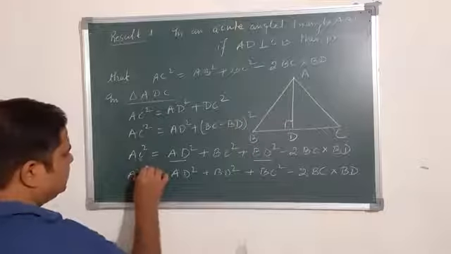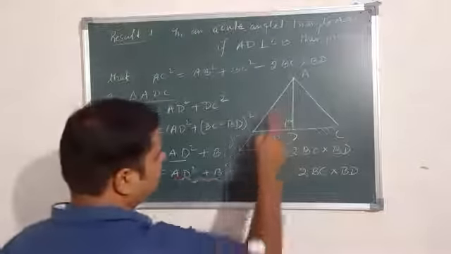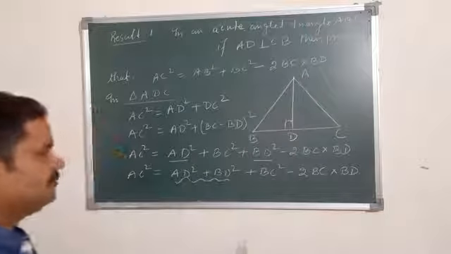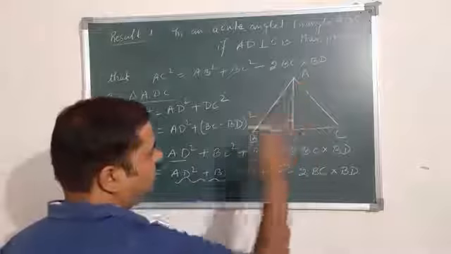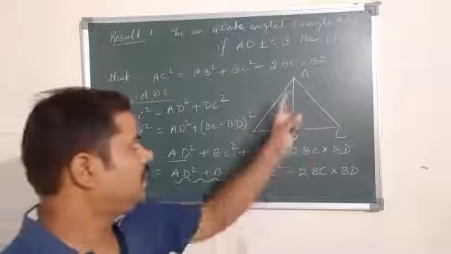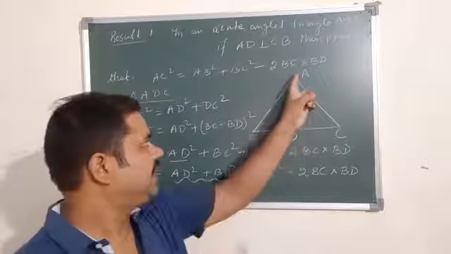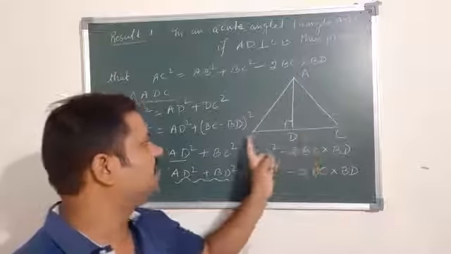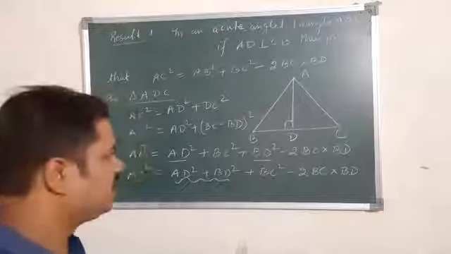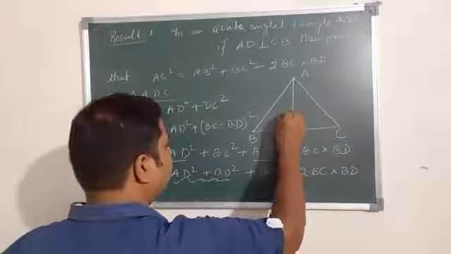And you see very well in triangle ABD, AD square plus DB square is equal to AB square, because this is a 90 degree angle.